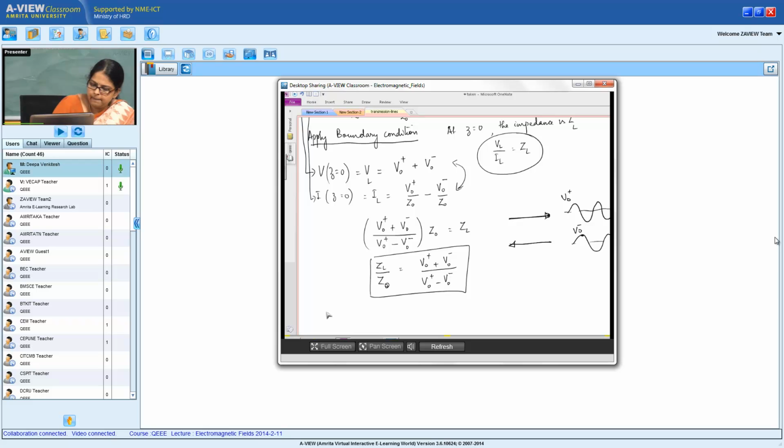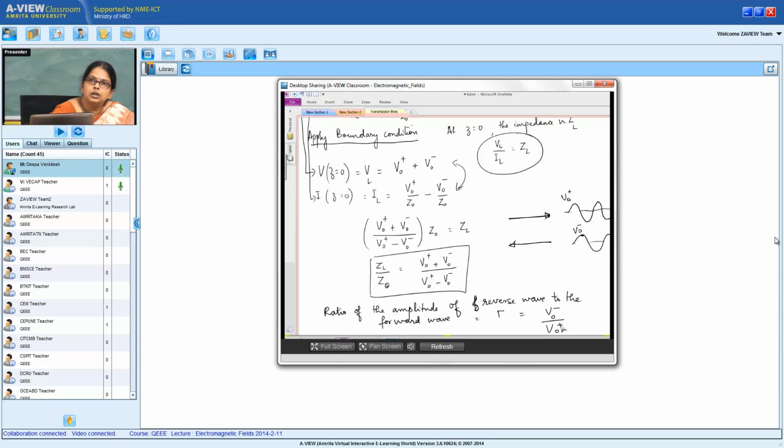Now let me define the ratio of the amplitude of the reverse wave to the forward wave as gamma, so V0 minus by V0 plus.